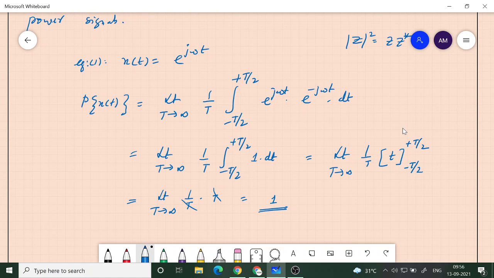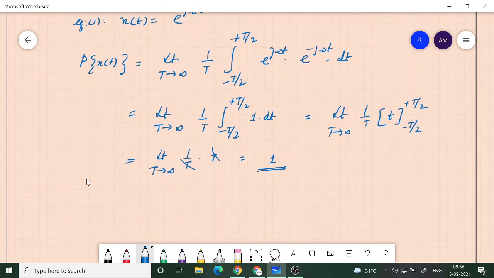If you look at the expression, you have a division by T, so this is like energy per unit time. We are integrating over a range of T, and then dividing by that T. So it's like an average, a time average.